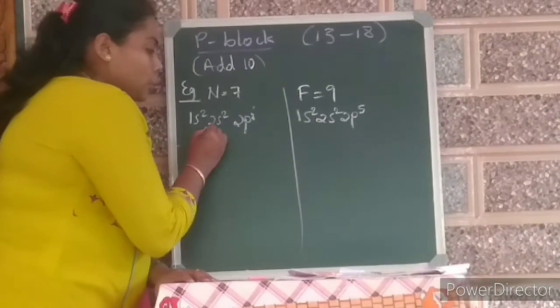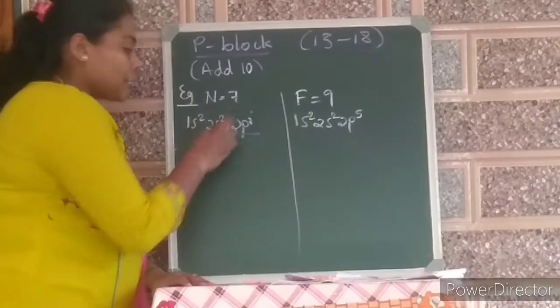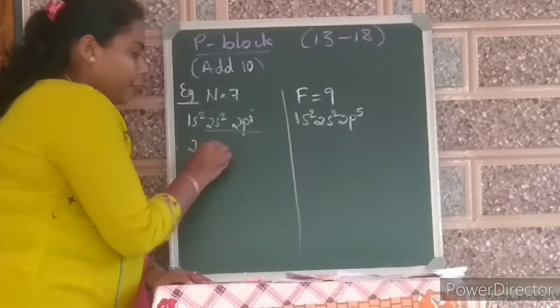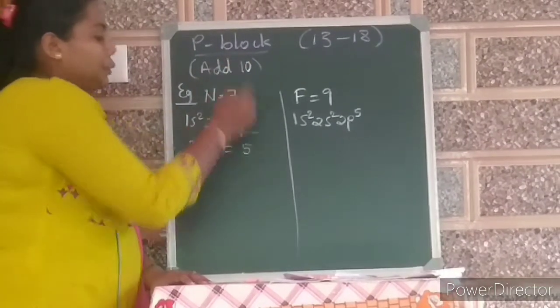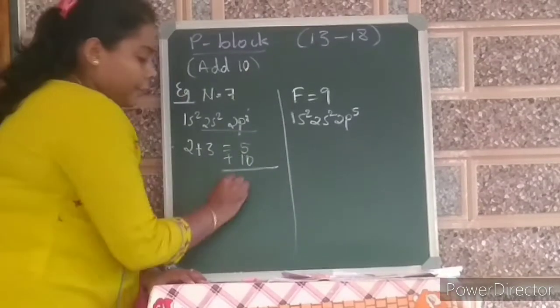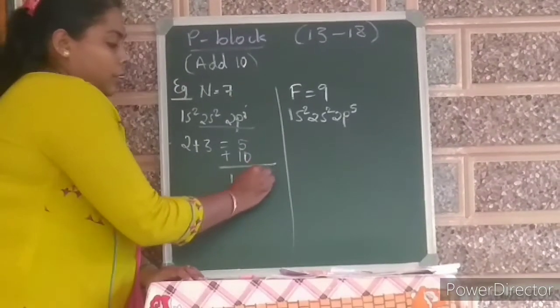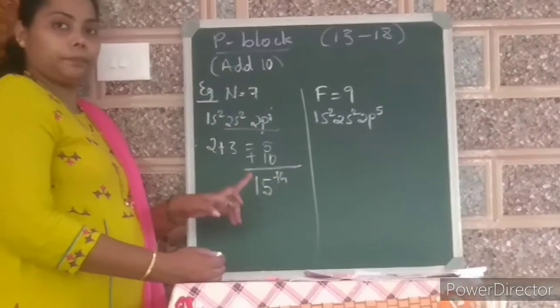The outermost shell is 2s2 and 2p3. Therefore, the outermost electrons are 2 plus 3, which equals 5. Now for this number you need to add 10. 5 plus 10 equals 15. Therefore, nitrogen comes under group 15.